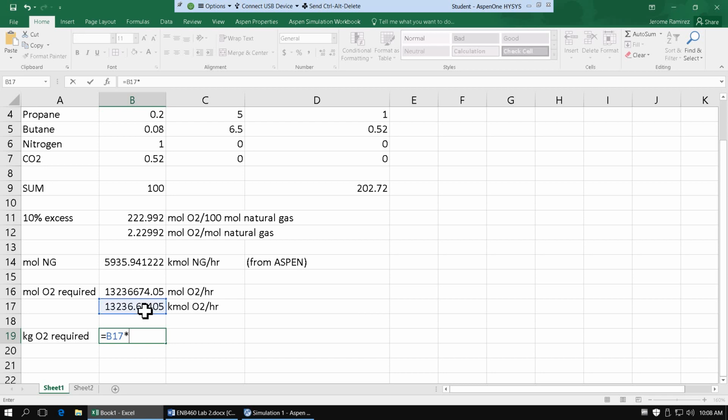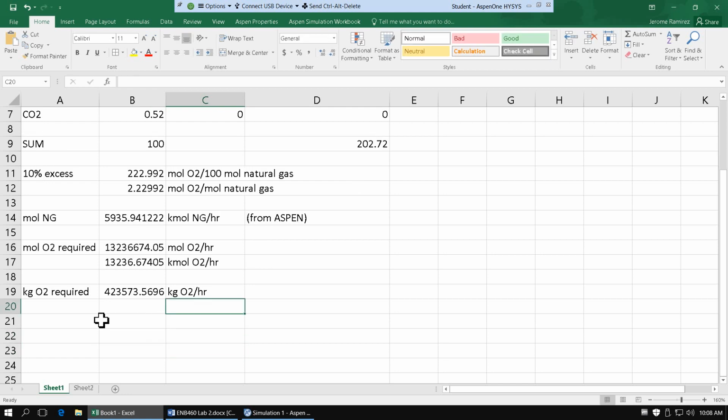Just multiply that with the molecular weight of O2, which is 32. So we have kilograms O2 per hour.